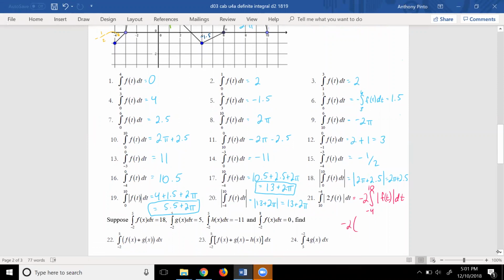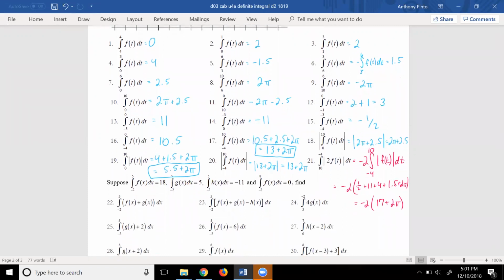So this becomes positive 1/2 plus 11 plus 4 plus 1.5 plus 2 pi, which is equal to negative 2 times, let's see, 1/2 plus 1.5 is 2, plus 11 is 13, plus 4 is 17, plus 2 pi. But then we have to remember to multiply that by negative 2. And we get negative 34 minus 4 pi as our final answer.